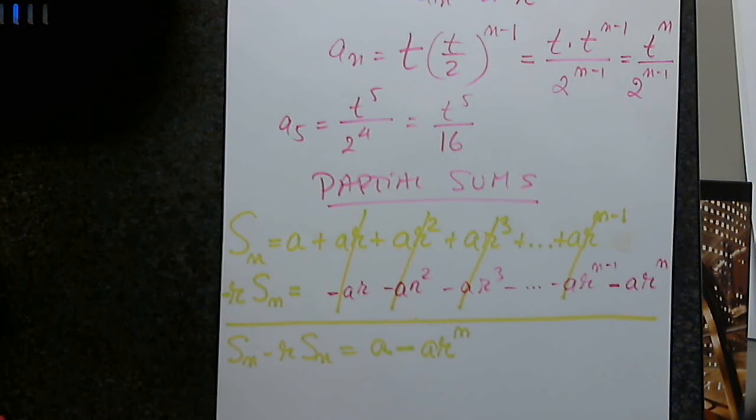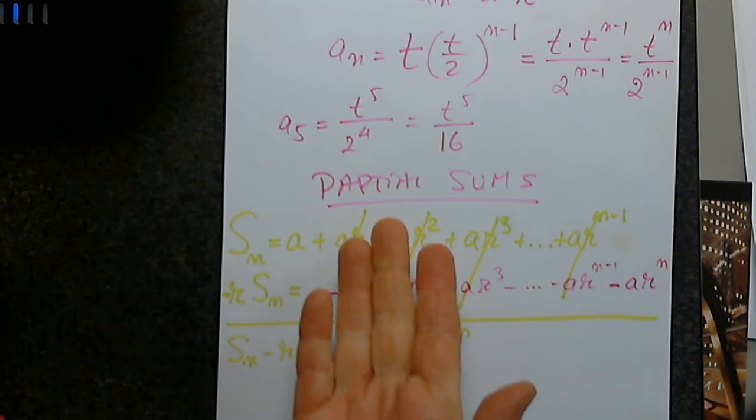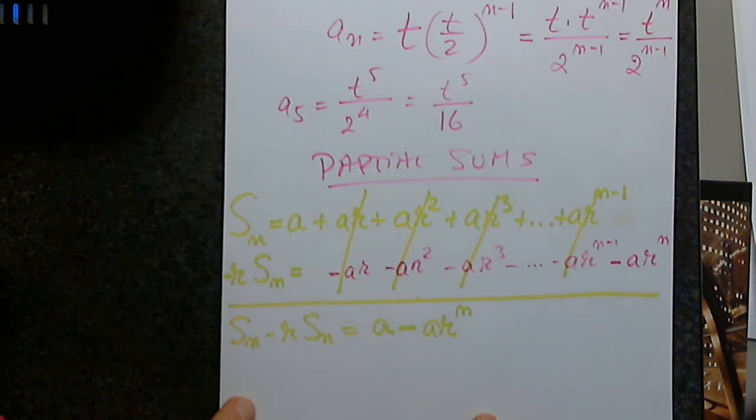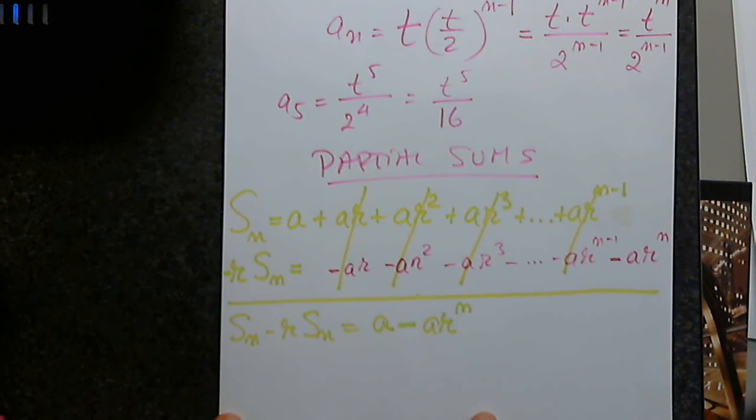So what do you think I am going to do now, knowing that I am after this? Not divide, but I want to solve for S sub n, and I cannot combine them.